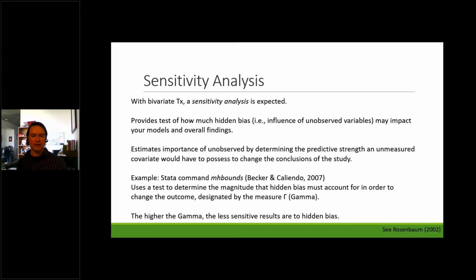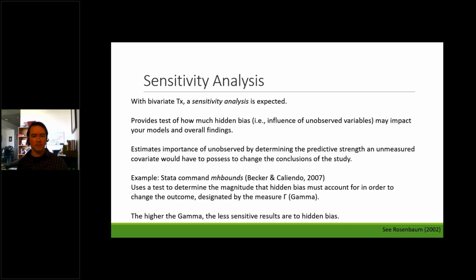If examining the bivariate treatment, and remember, this whole time we've been assuming a bivariate treatment, it's expected that you conduct a sensitivity analysis. A sensitivity analysis provides a way to test the degree to which hidden bias, that is the influence of unobserved variables, may have impacted your models and overall findings.